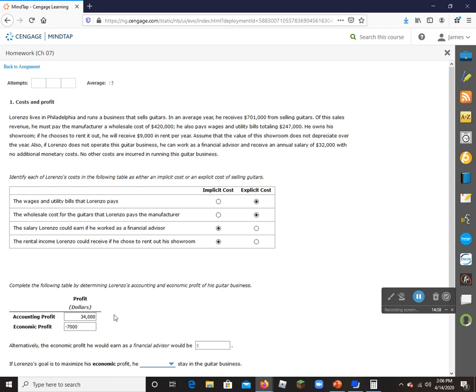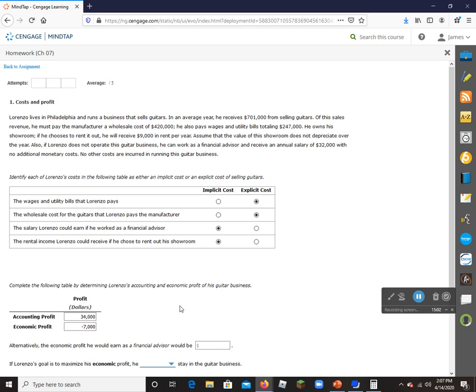He would be better off, assuming that he didn't like running his own business more than any other, and there's other things to consider here, but he would be better off selling this business, just selling it off, or shutting it down, renting out the building and working for someone else. He makes $41,000.